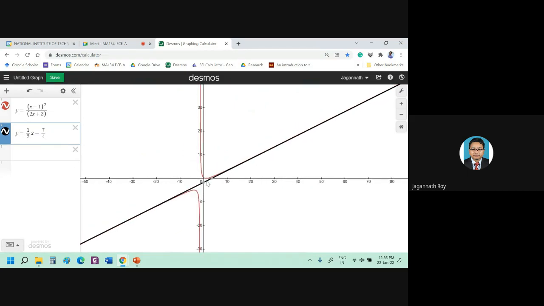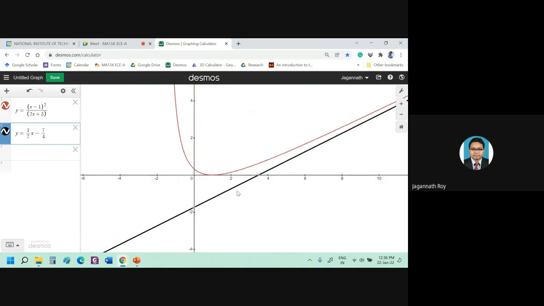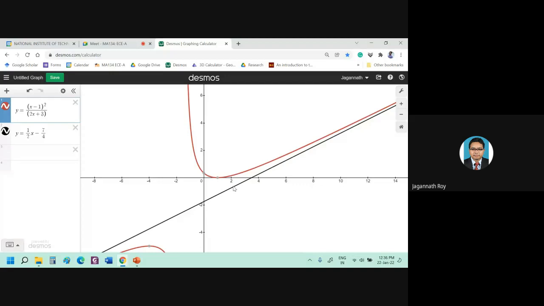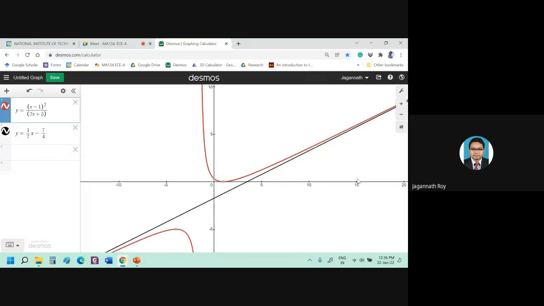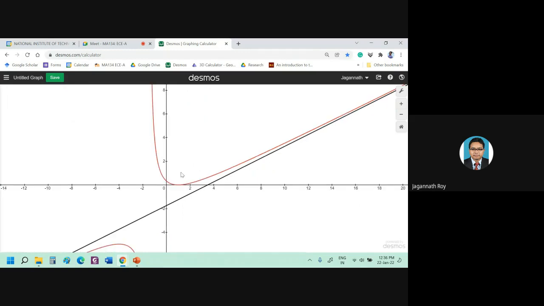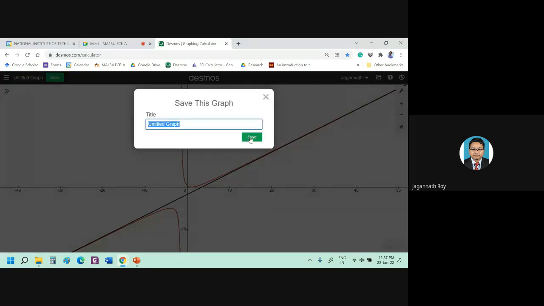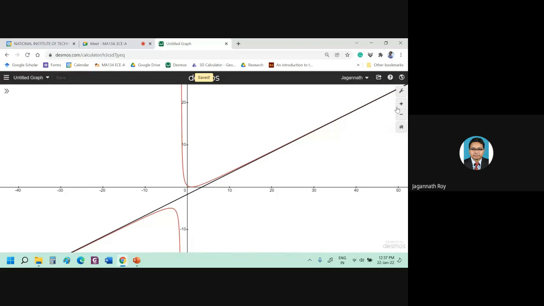this black straight line. Okay, the distance between this, either you go in the positive direction or you go in the negative direction. Okay, let me export it.